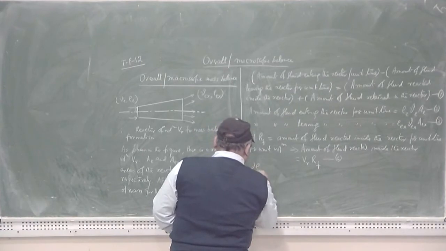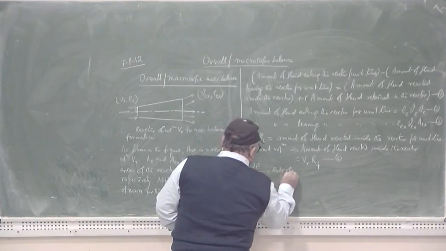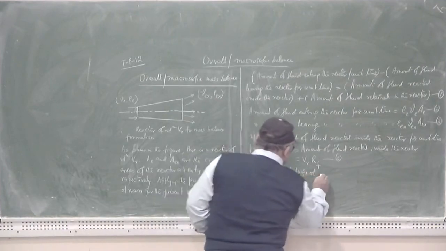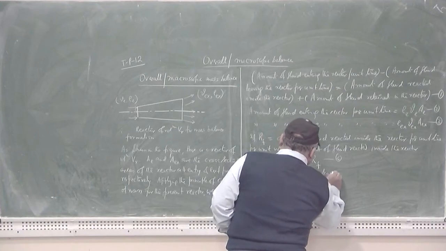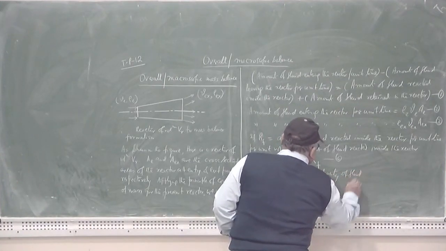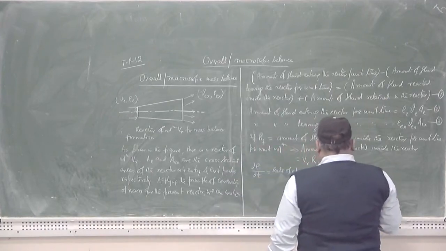Now, del rho by del t, the rate of change of density of fluid, assuming its compressible nature.